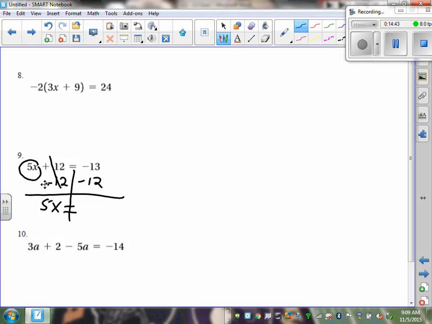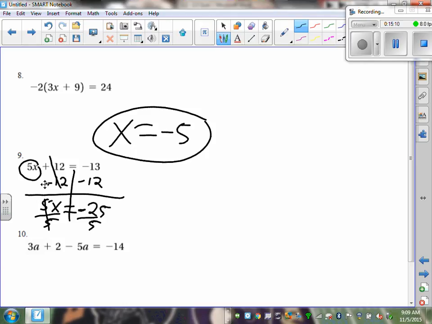No, it's negative 13 minus 12, which is negative 25, and that's why I saw a little confusion going on. You have to make sure this is a negative 25. A number next to a letter means I have to do what? Divide both sides by 5, and I get x equals negative 5. So double check your sheet. Correct what you had a problem with.